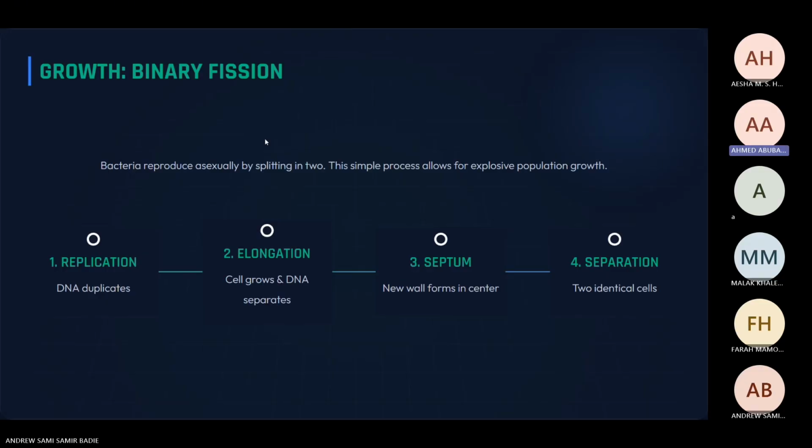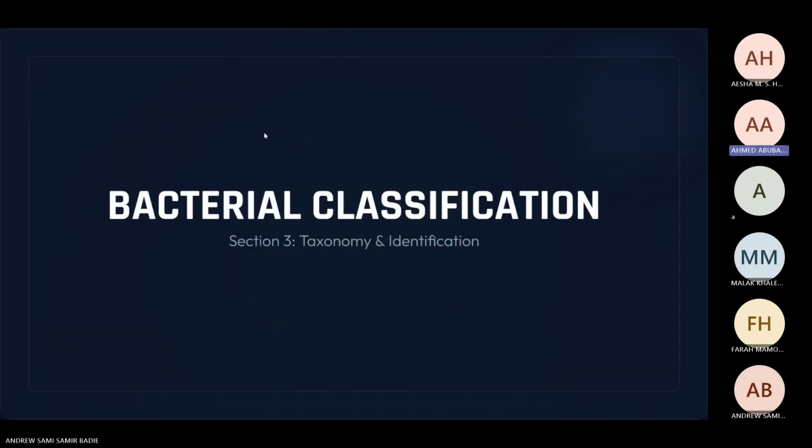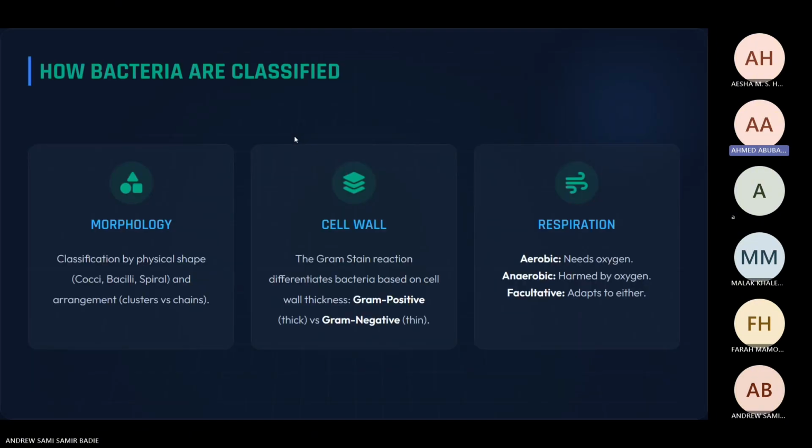Let's move into the third section, which is bacterial classification. How do microbiologists classify bacteria? It's based on three categories: the morphology, which is the shape of the cells and their arrangement; the cell wall structure, which is the main difference between gram-positive and gram-negative bacteria; and the third is their utilization of oxygen.